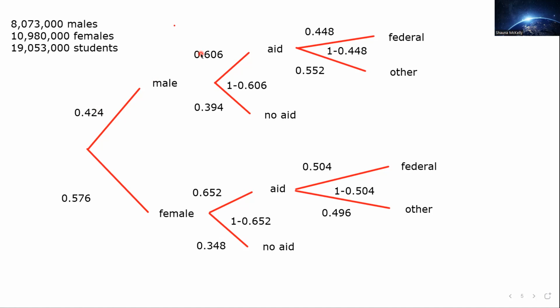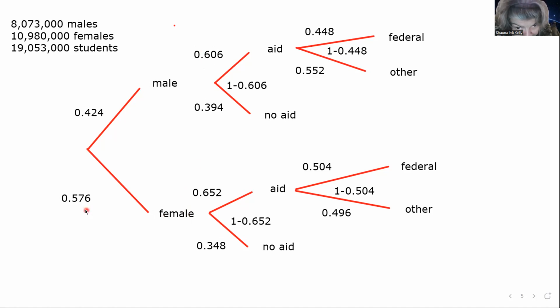Now, the probability that they have aid, though, again, federal doesn't matter, not yet, not for this question. We have two groups who have aid: the males who have aid and the females who have aid.